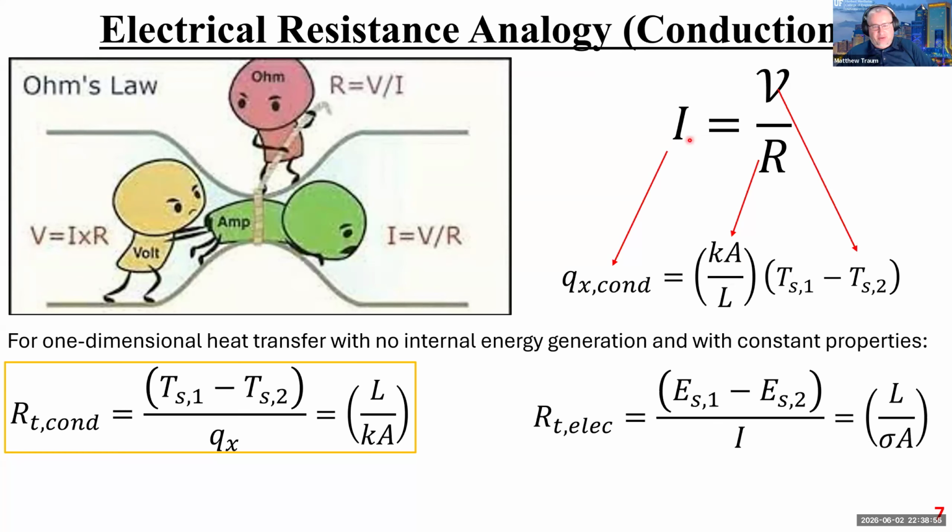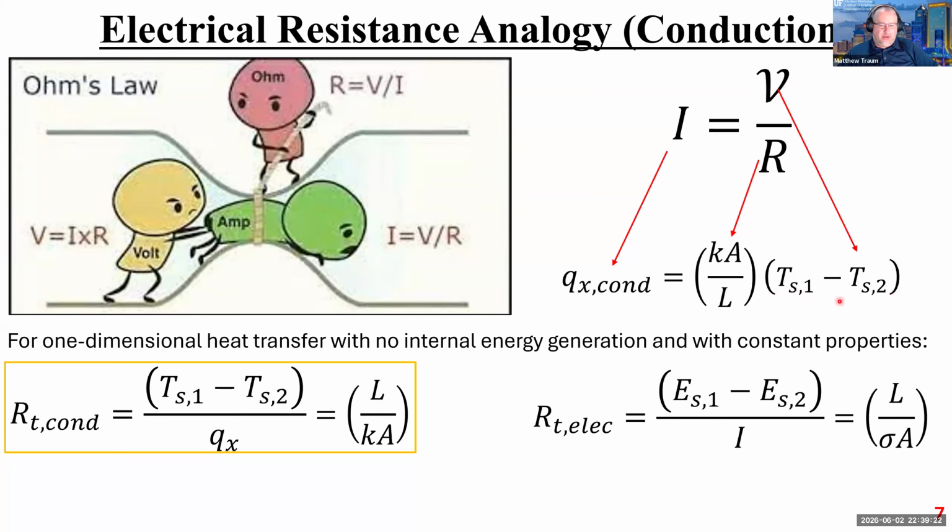So you can see the analogy here, right? Current, which is the electrons flowing through the wire, is analogous to my heat transfer. So this is thermal energy flowing through whatever it is that I'm modeling. This is my voltage, which is the potential difference, the yellow guy pushing the heat along in the one-dimensional heat transfer process. And so that's analogous to my temperature difference, right?